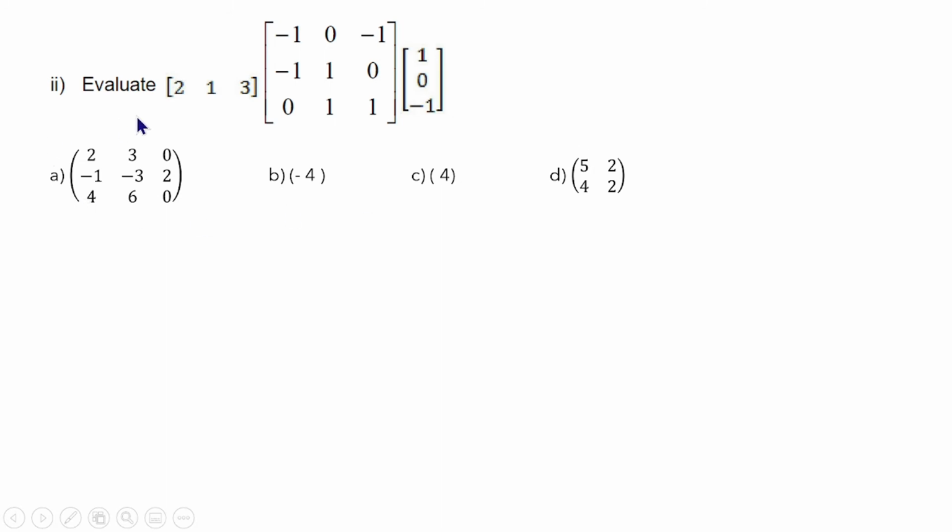Next question: evaluate [2 1 3] into the matrix [-1 0 -1; -1 1 0; 0 1 1] into the matrix [1; 0; -1]. So let us take this as equal to A. First let us multiply this matrix with this matrix.